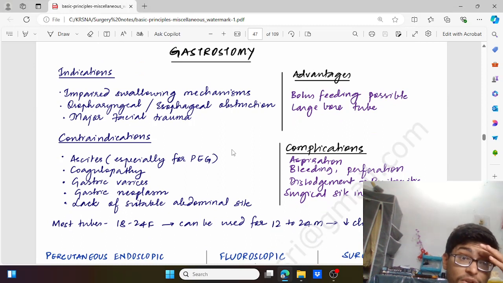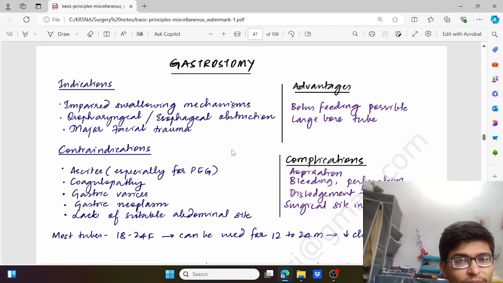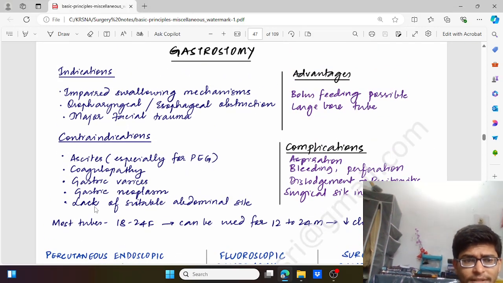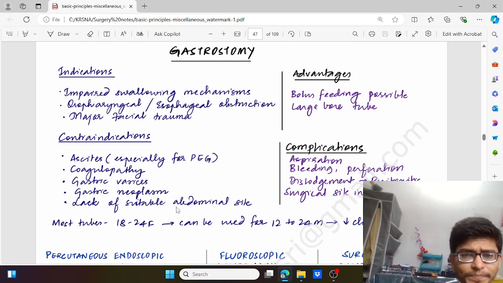Now we come to gastrostomy. Indications: impaired swallowing mechanism like some esophageal disorder, oropharyngeal or esophageal obstruction, major facial injury. What are the contraindications? Ascites, especially for PEG, coagulopathy, gastric varices, gastric neoplasm, or lack of a suitable abdominal site for taking out the gastrostomy.